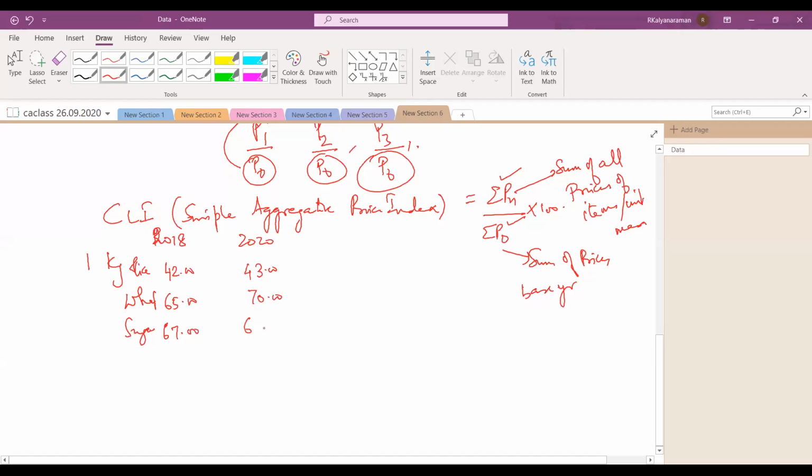This is 69. So add all these prices. This divided by this into 100. So 69, 139, 182. Here you have 132, 174. So you have sigma Pn by sigma P naught into 100. So 182 by 174 into 100. So this is a simple aggregative price index for 2020 compared to 2018.